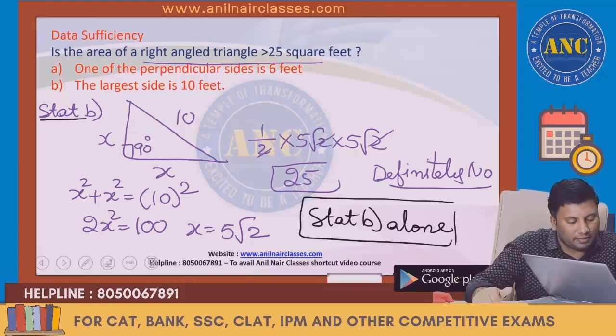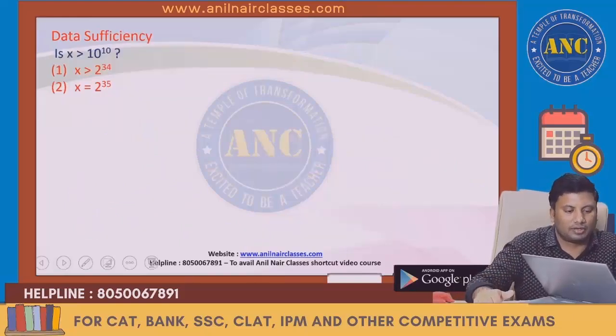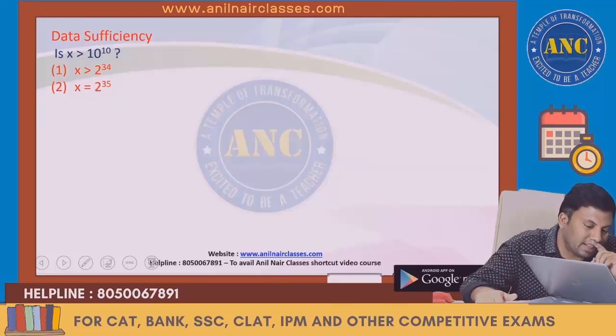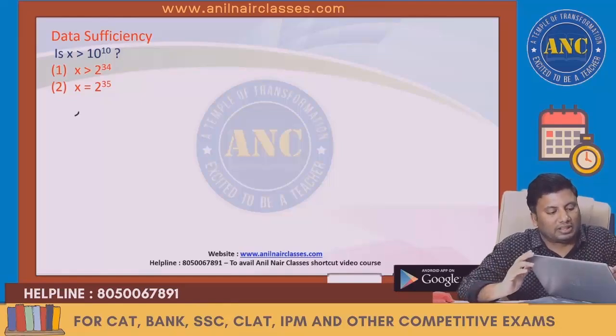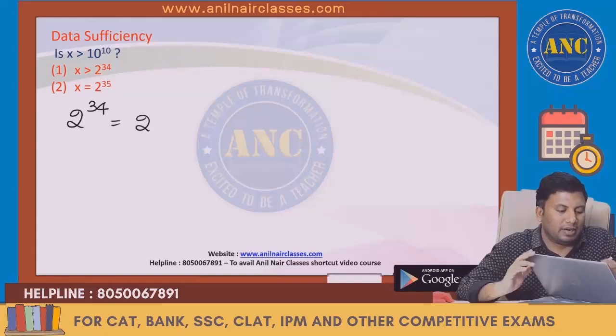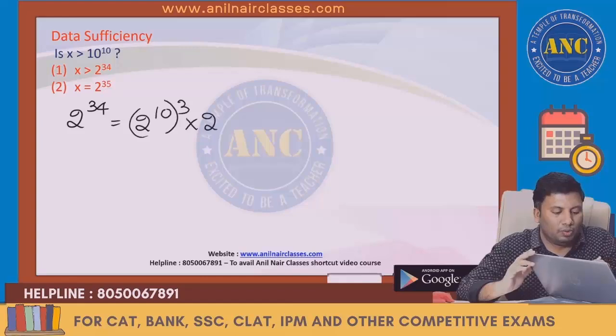Right, next one. Another question. Is x greater than 10 power 10? Statement 1: x is greater than 2 power 34. Statement 2: x is equivalent to 2 power 35. 2 power 34 is nothing but 2 power 10 whole power 3 into 2 power 4. 2 power 10 is greater than 1000, which is 10 cube.